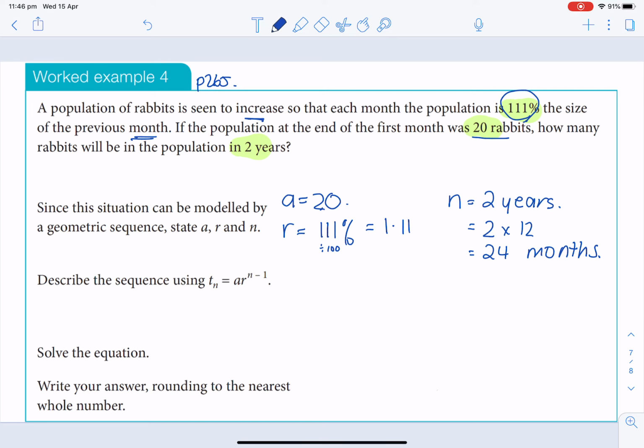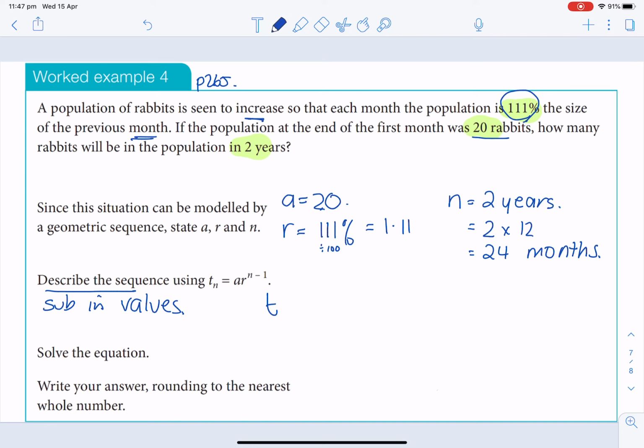Now, describe the sequence using T of n equals A R to the n minus 1. So what this means is just sub in values. If anything says to you, describe the sequence, just chuck in the values.